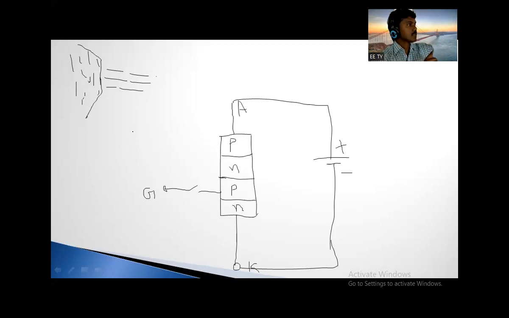With respect to this junction, the P type material is on this side and the N type material is on this side. The P type material should be connected to the positive and the N type material should be connected to the negative. Then this junction will become forward biased.